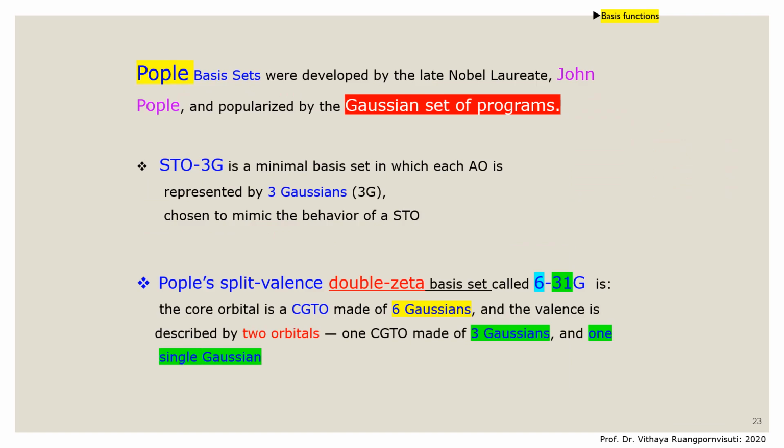The proposed basis sets were developed by the late Nobel laureate John Pople and popularized by the Gaussian set of programs.